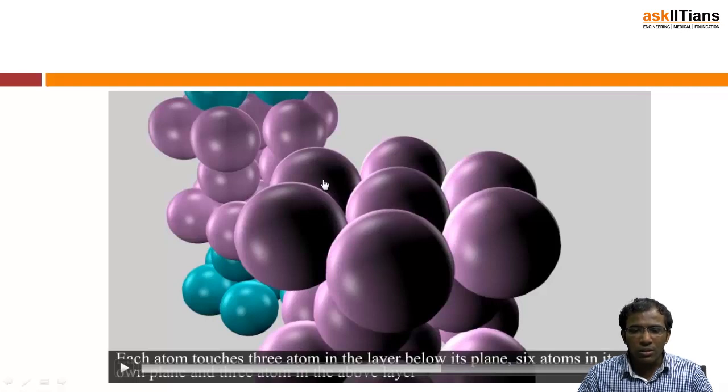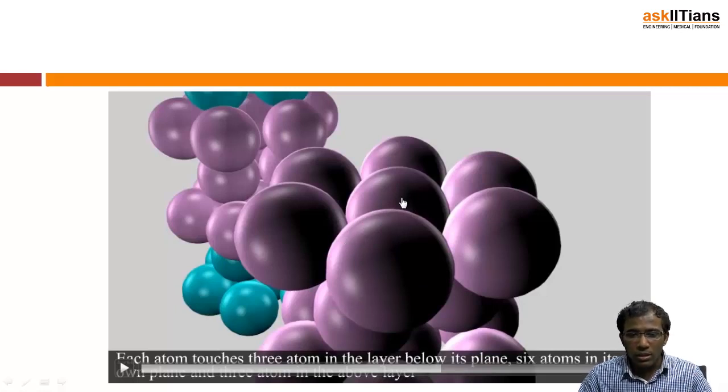It is touching 6 particles in its own plane, and also 3 particles which are present in the plane below. This is one particle, this is one more particle. So it is touching 6 spheres in its own plane, 3 particles below its plane and 3 particles above its plane.